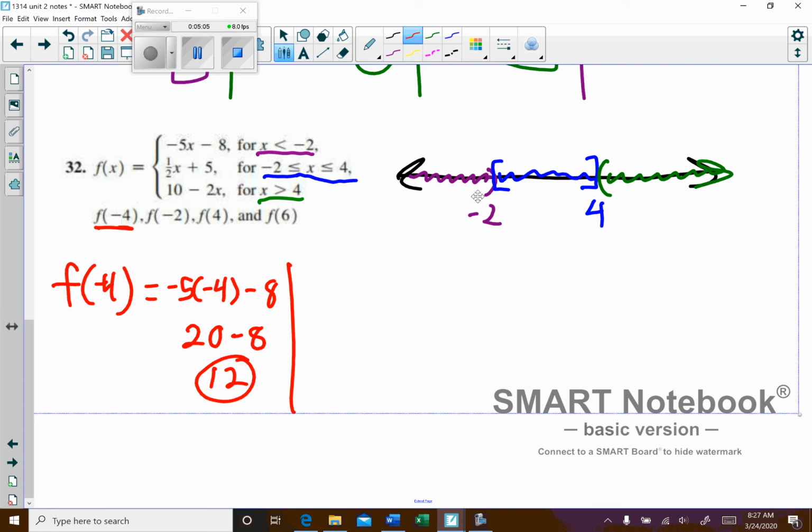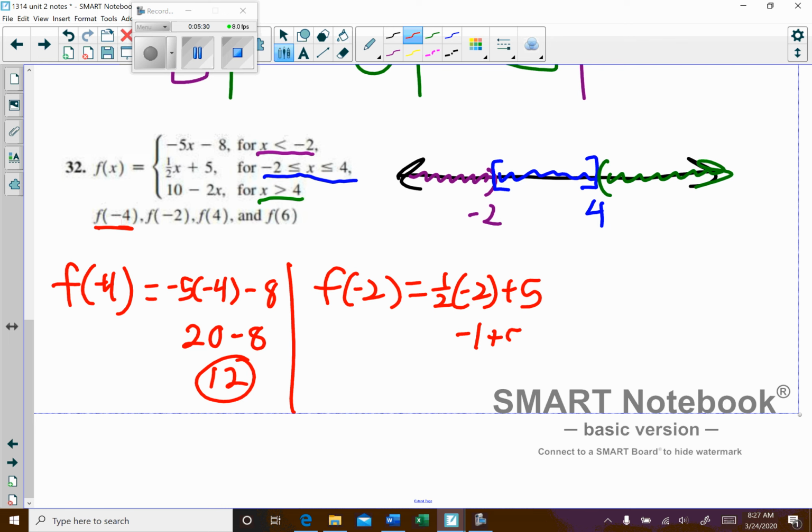And then our next one's f of negative 2. You can see that it's part of the included endpoint for the blue interval. So that means we're going to plug it into our second one right here. So 1/2 times negative 2 plus 5.